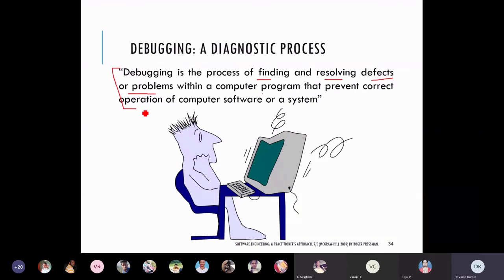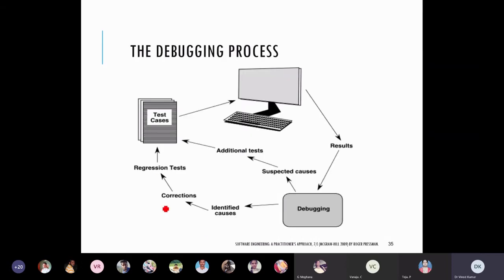So what you will do: first you will identify the causes, the reasons for the problem, then you will make corrections. These corrections mean we have fixed some problem that was existing in the system.